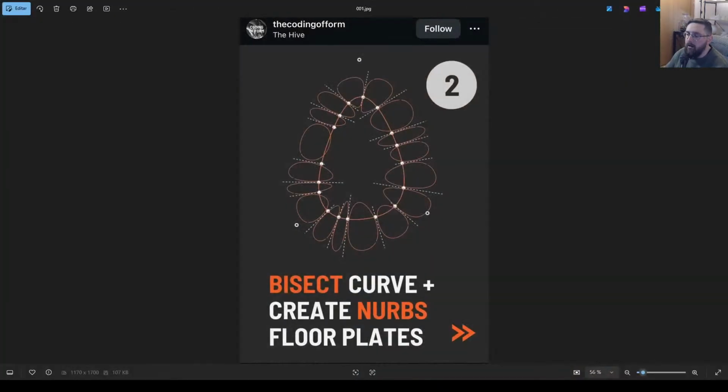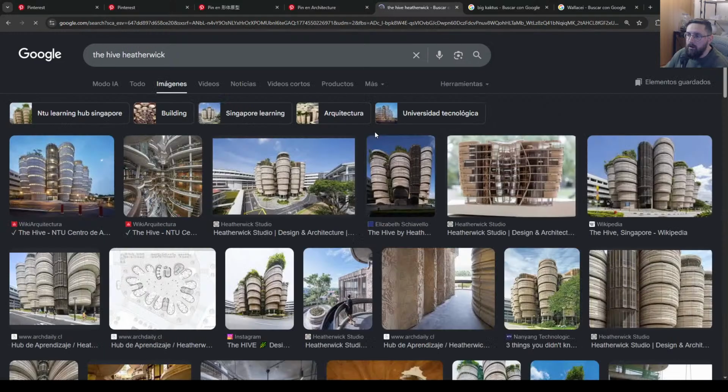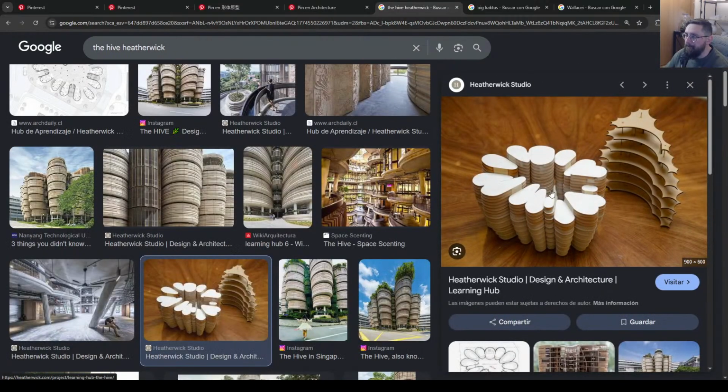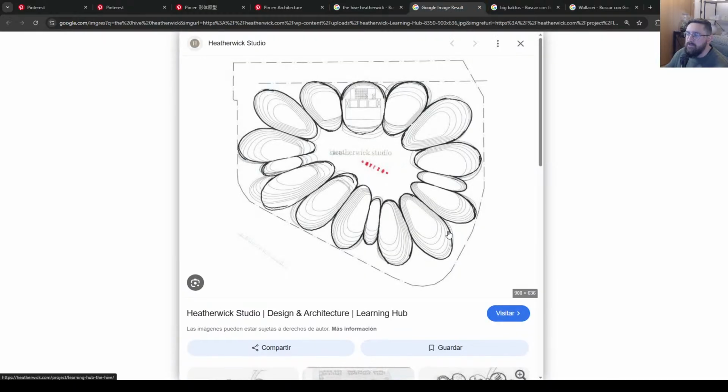This is based on the Hive by Heatherwick. For those who don't know the Hive, it's an interesting project. This is sort of the schematics of it here. There are a few things I don't know how you'd actually approach though. So the floor plan is this, which isn't exactly, you can see it kind of scales in, changes.